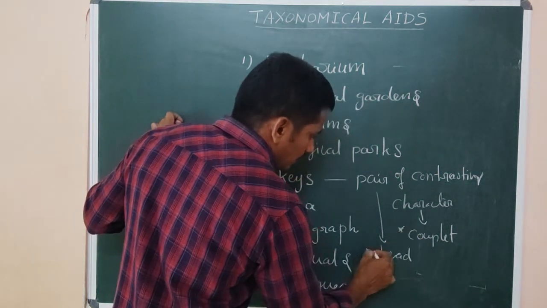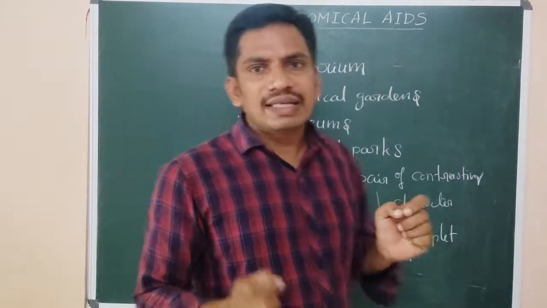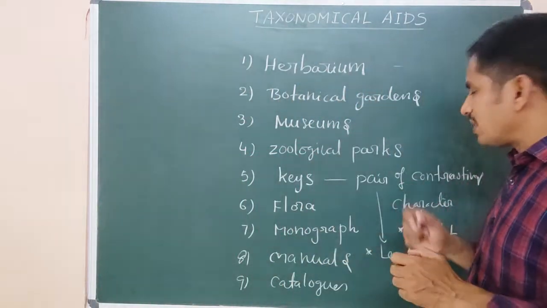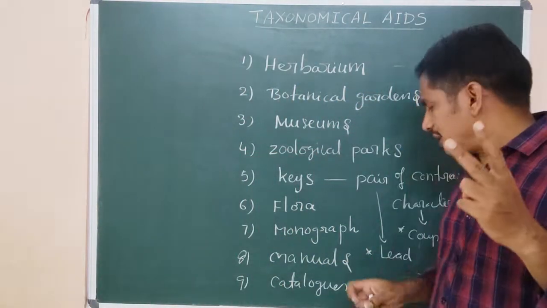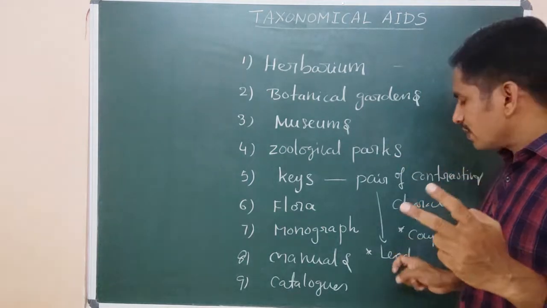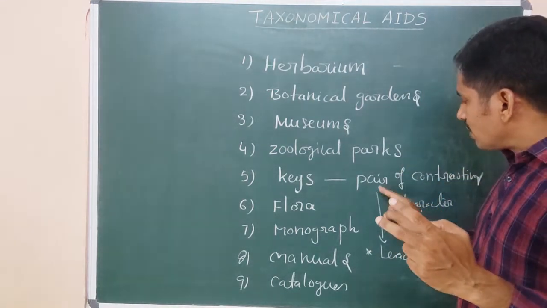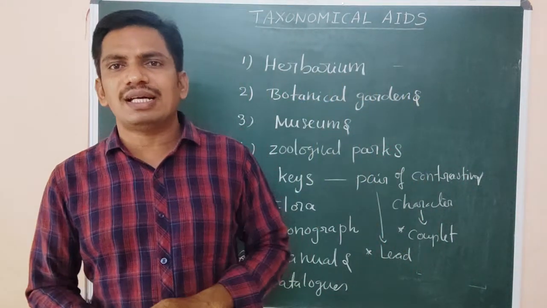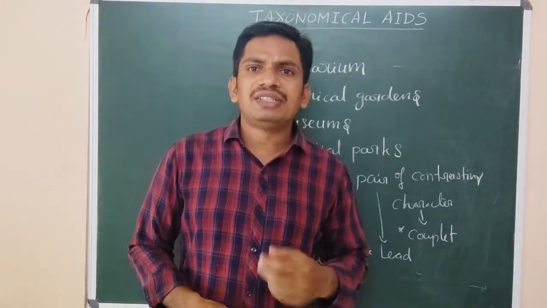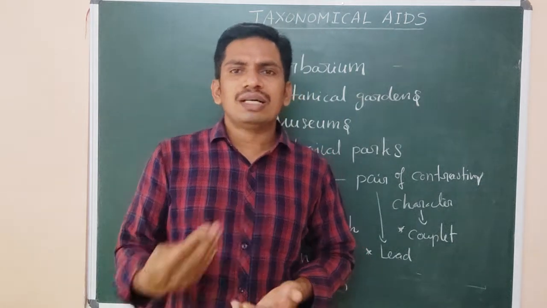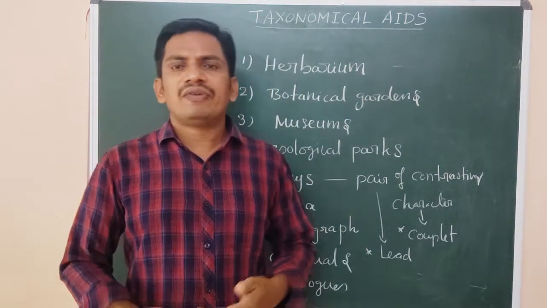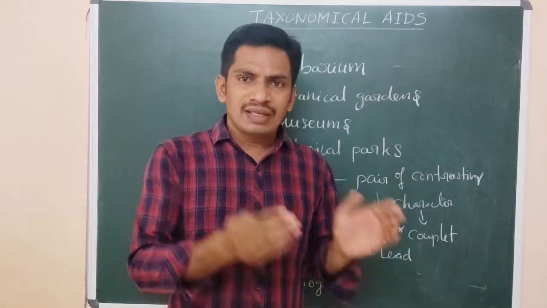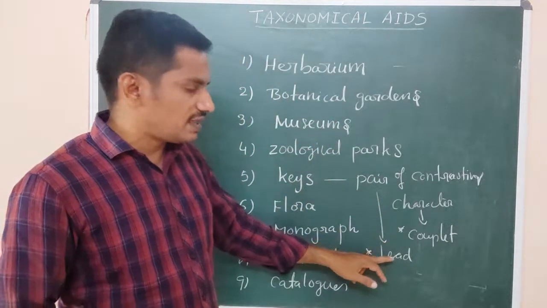Lead and couplet. Keys consist of one pair of contrasting characters. This pair is called a couplet, and each statement is called a lead. For example, fishes have fins. Animals that have fins for locomotion come under fishes. That is one statement, called a lead.